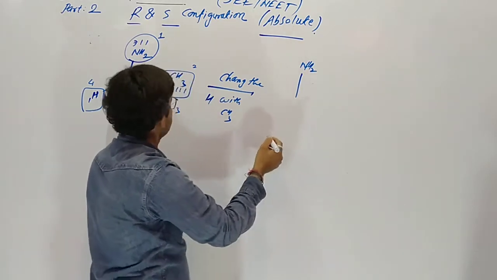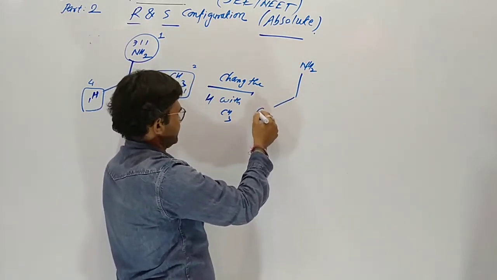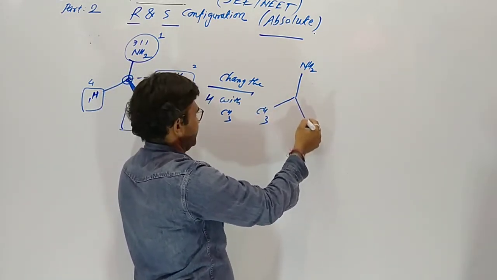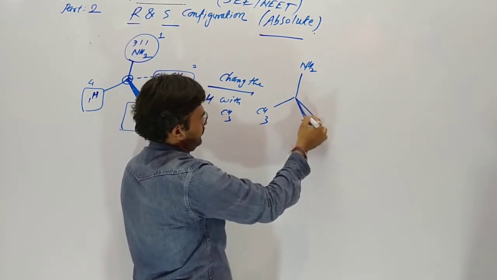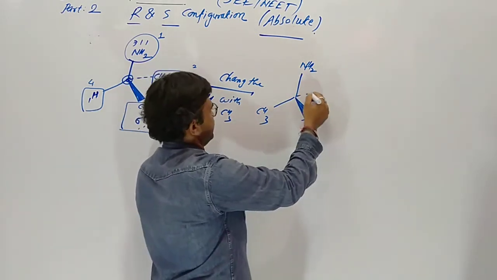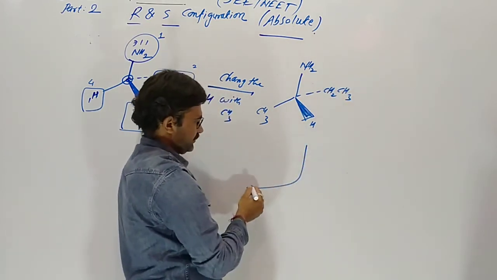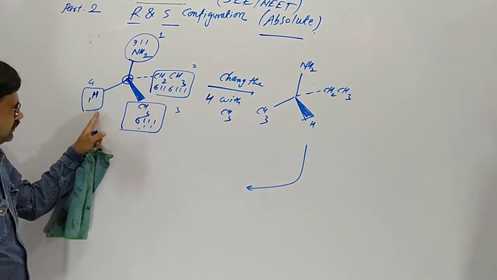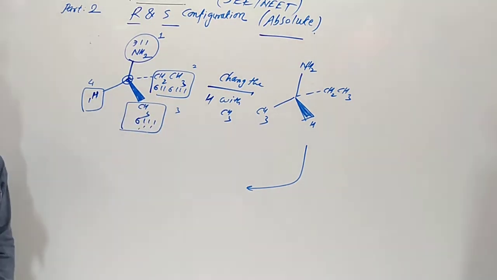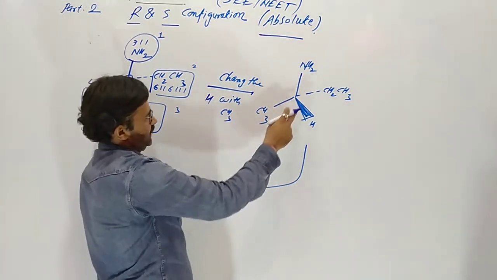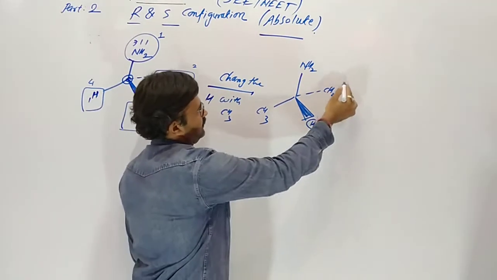So here NH2, then here is CH3, here is H, then here is ethyl. Now once again we have to change. Why? Number 4 should be behind the plane in the dashed position. So H with ethyl.